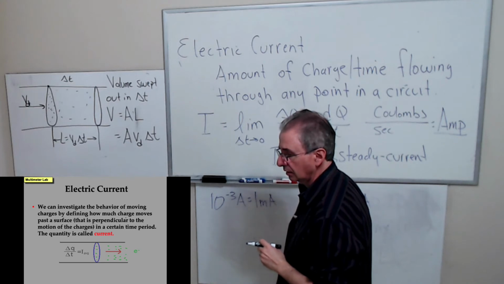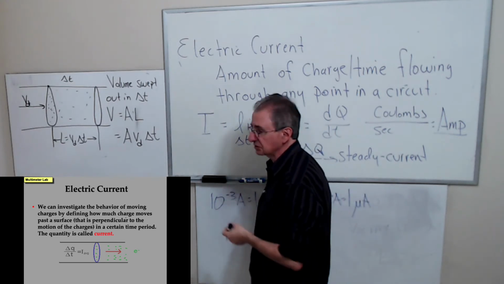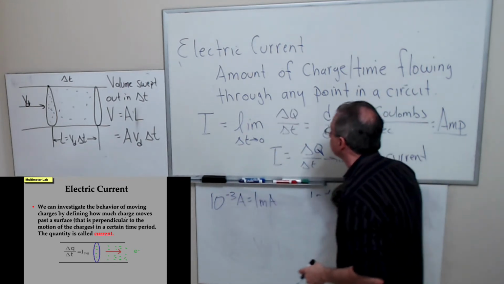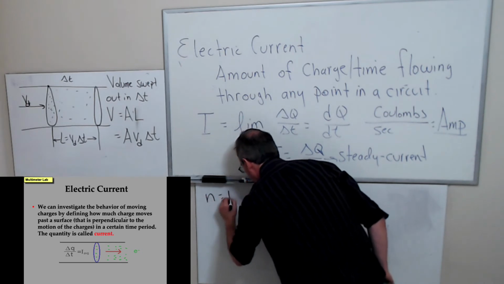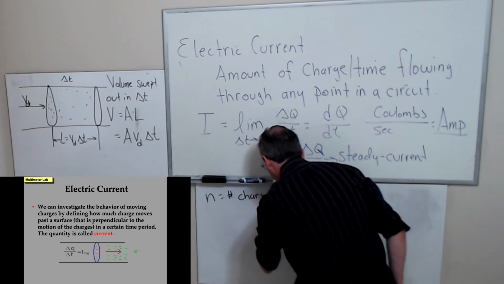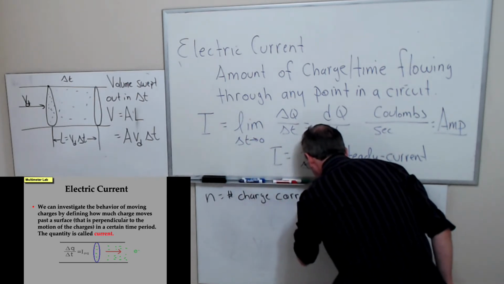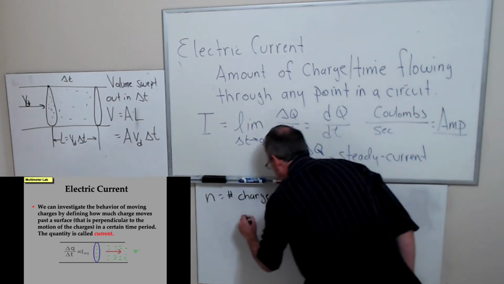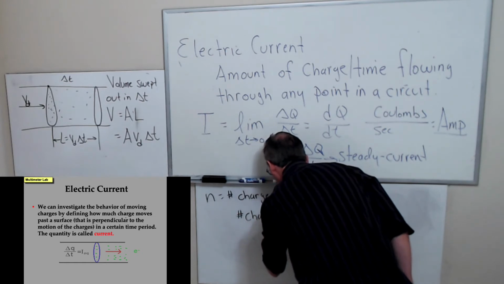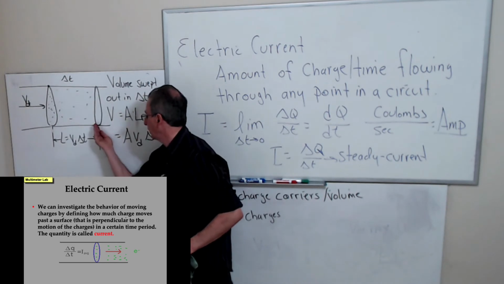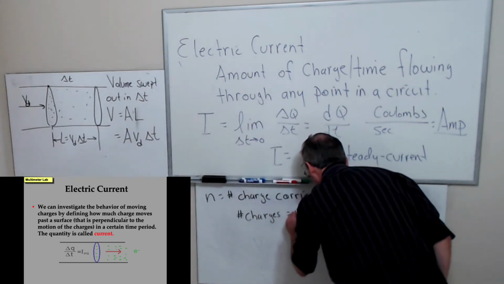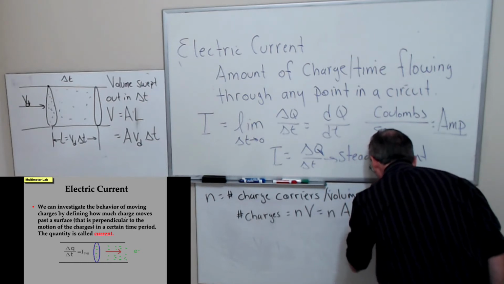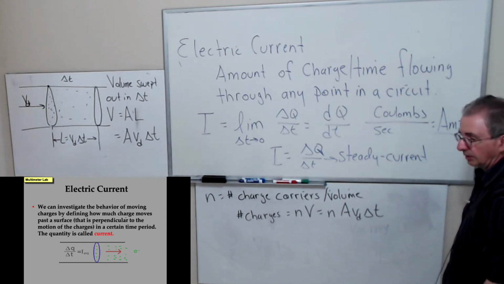If I know the number of electrons per unit volume in this wire, or a better term is the number of charge carriers per unit volume, let's say n, then the number of charges that go from here to here in this time is going to be n times V. Really this is the number of particles.